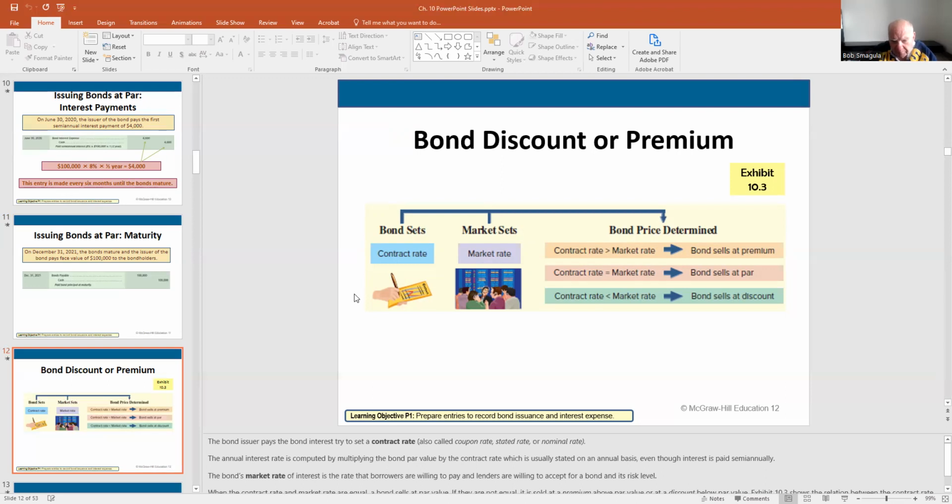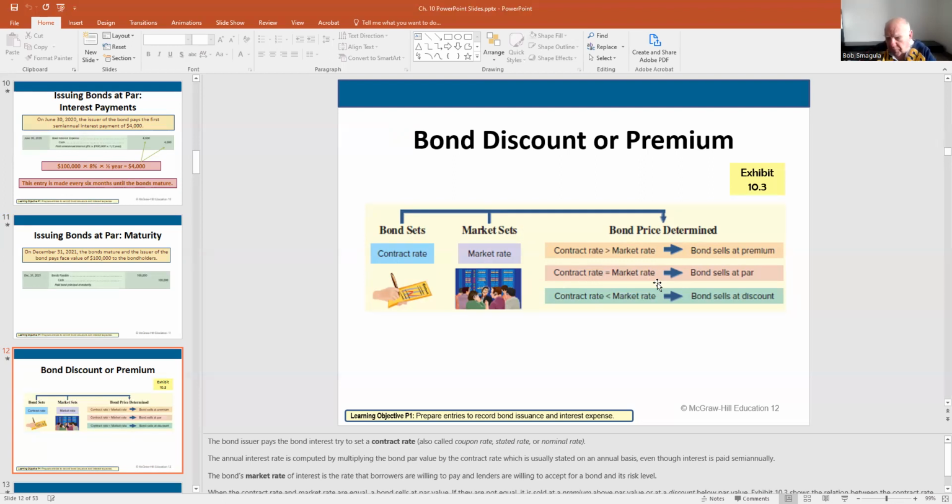So we want to always compare the contract rate to the market rate. If the contract rate is 8% and everybody else is pretty much loaning money at 8%, then the bond sells at par. If the contract rate is the same as the market rate, the bond sells at par like we just saw.